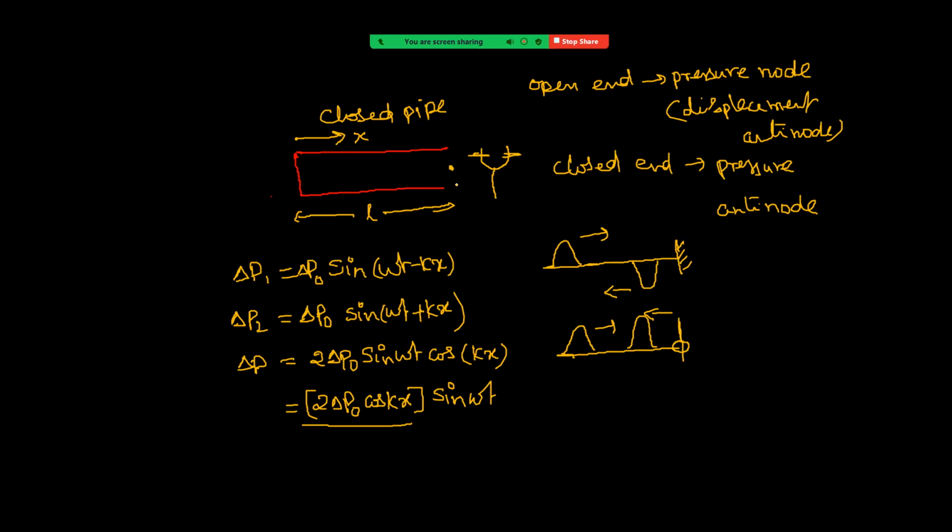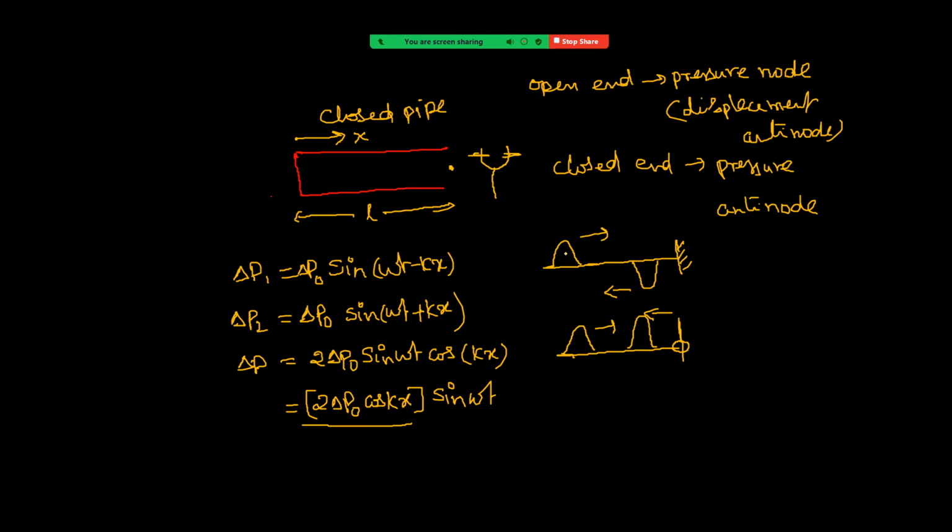That means if a compression falls on the open end, it comes back as a rarefaction. I am repeating, a compression from the open end reflects as a rarefaction. If a rarefaction comes here, that reflects as a compression. That means there is a phase change of pi.